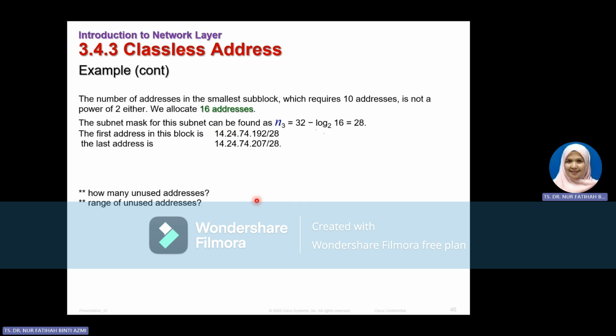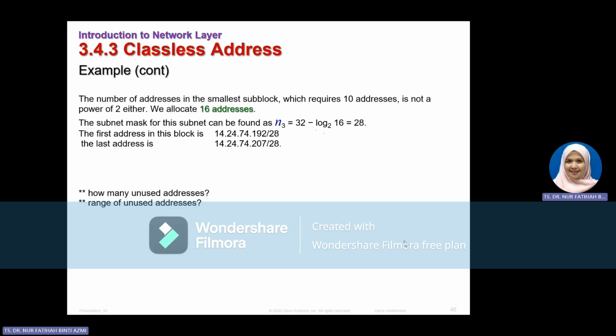Okay, so the unused addresses are in the range of 14.24.7.208 to 14.24.7.255. Okay.